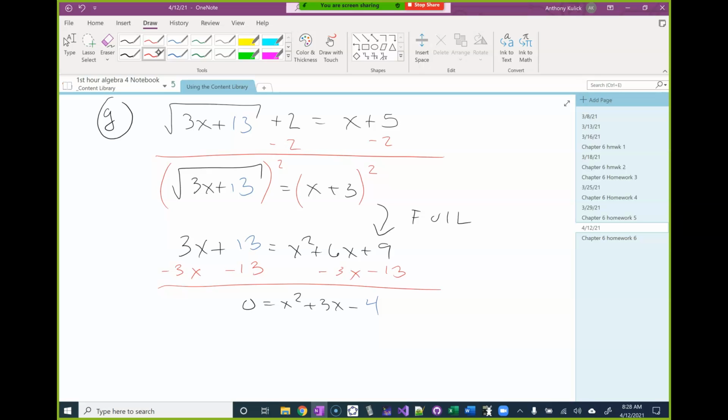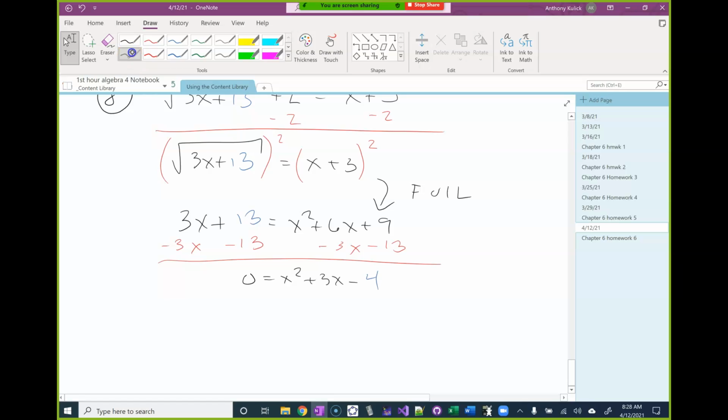Are there two numbers that multiply to give us -4 and then add to give us +3? How about 4 and -1? That multiplies to give us -4 and adds to give us +3. Everybody agree there?